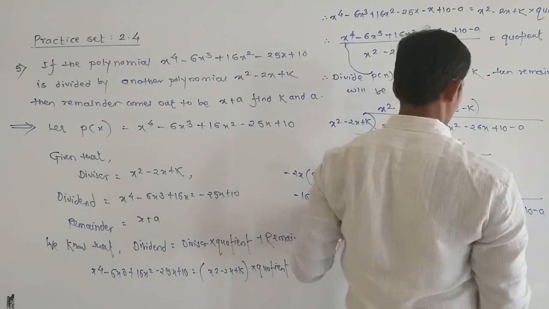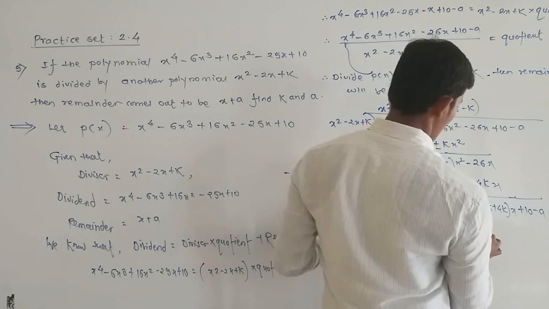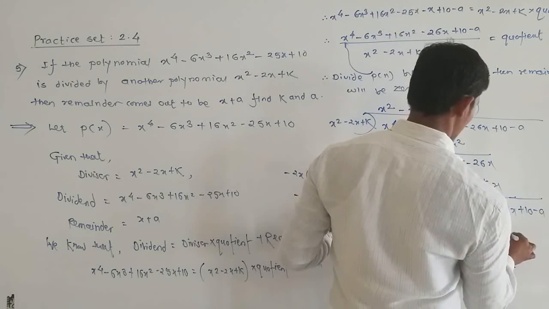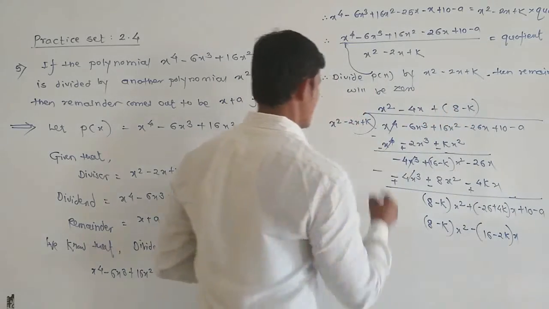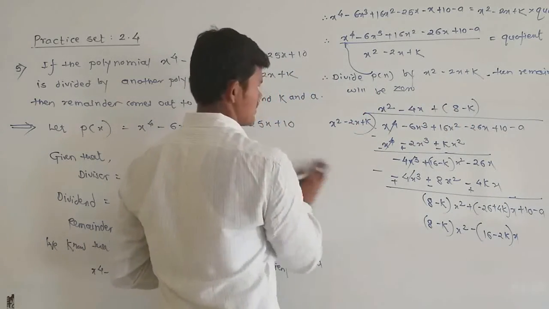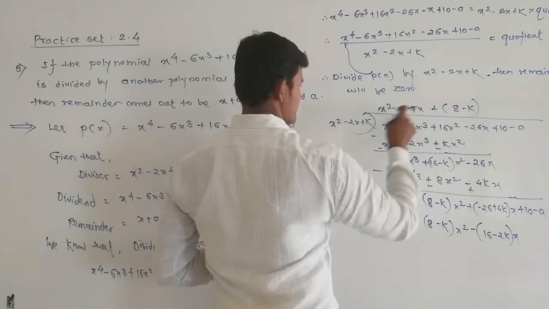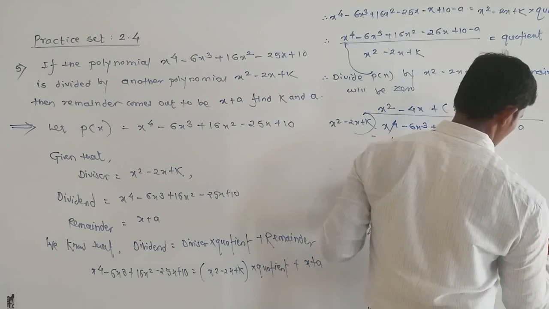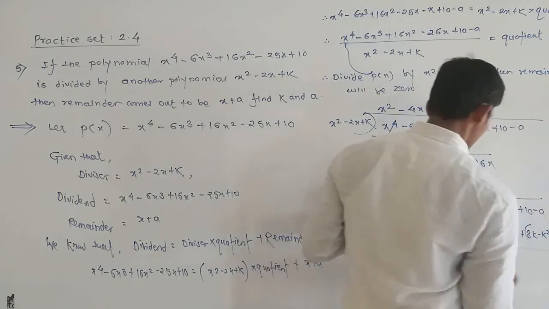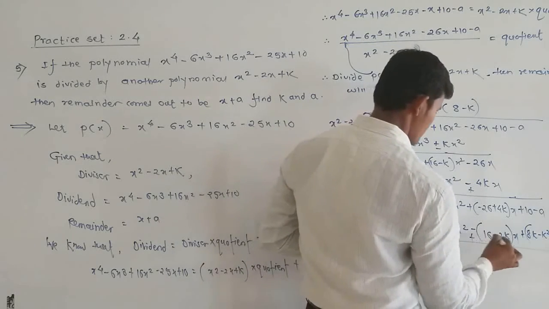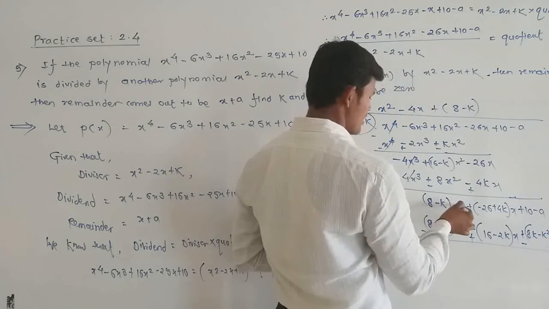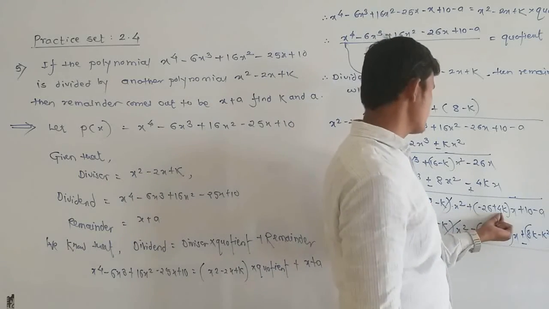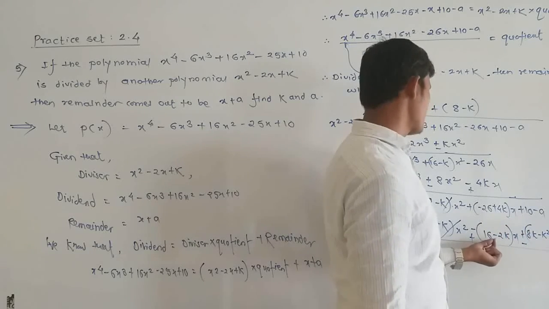So minus in bracket 16 minus 2k in other bracket x, and finally multiplying by 8 minus k into k, 8k minus k square. After subtracting, sign of second expression changes. So here minus (8 minus k) x square and (8 minus k) x square get cancelled. Here minus 26 plus 4k in bracket x plus (16 minus 2k)x.